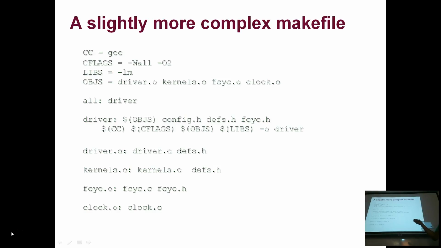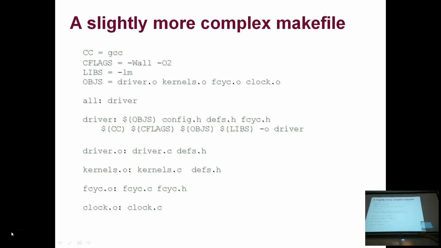If I want to symbolically say what my targets are, I can say my object files that I'm interested in are these things. And that will specify these as targets for this driver when it compiles. So you see these object files are here, and then to build these object files, they each have individual targets as well.